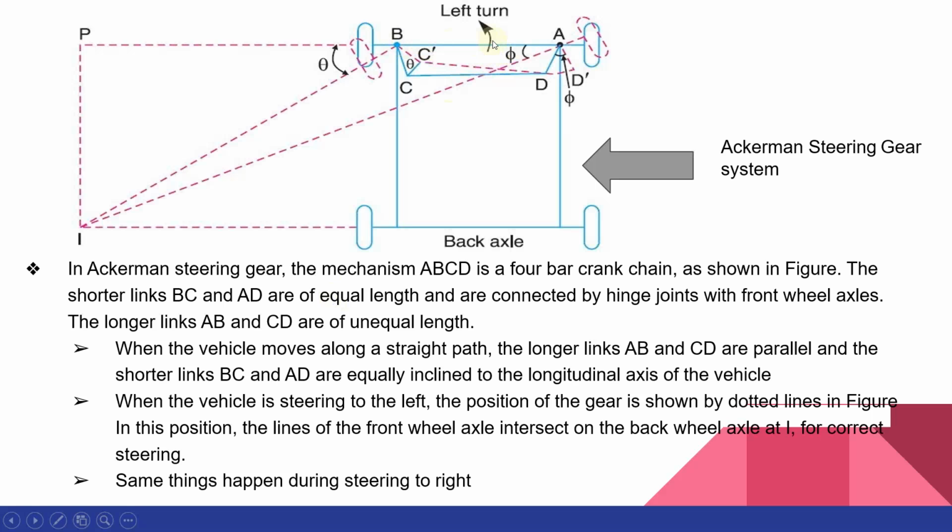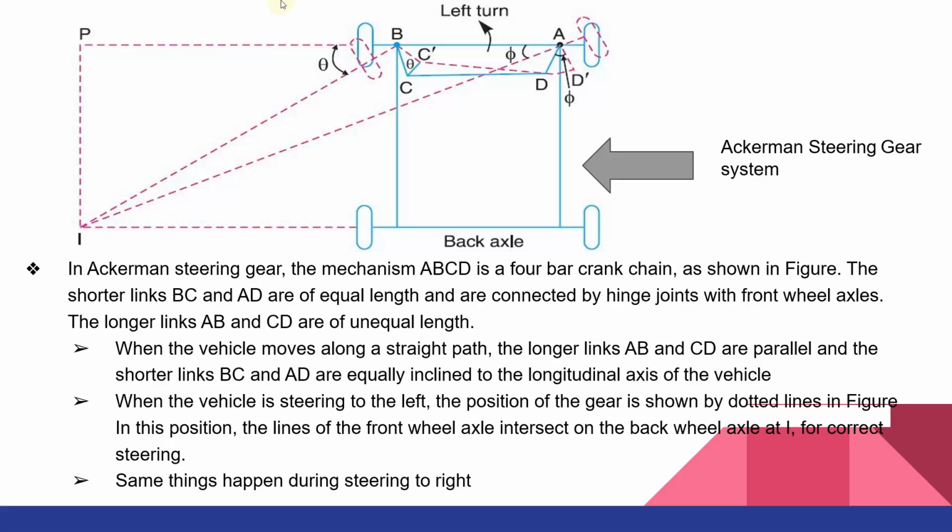If you consider the linkages of the Ackermann layout, suppose this is the linkage A, B, C and D, the Ackermann linkage system. When the vehicle is running in the forward direction, not undergoing any turn, the links AB and CD will be parallel to each other.